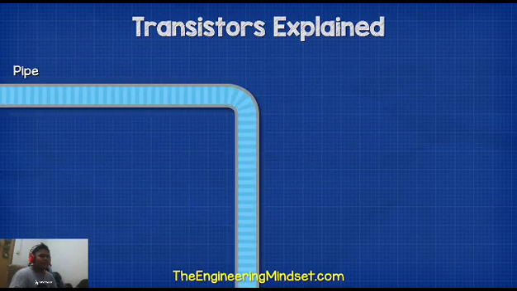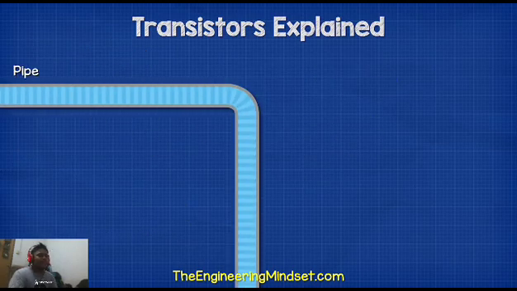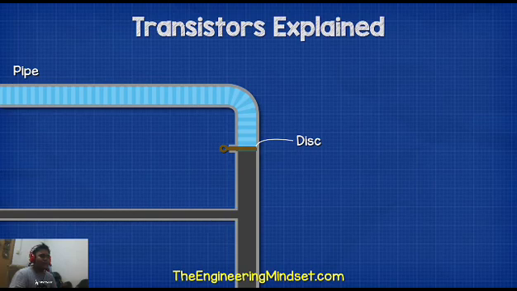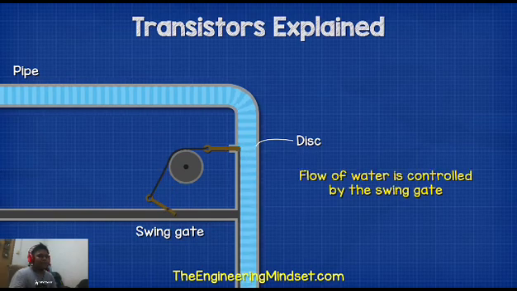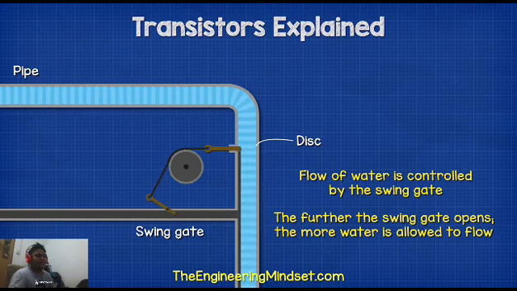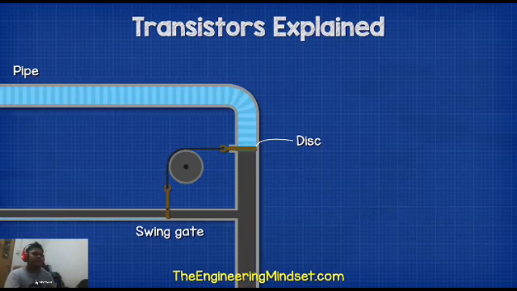Why do we use a transistor? Think of the transistor as a pipe, and the water is the current. The pipe is blocked, and we have a swing gate here that controls the current flowing. The further the swing gate opens, the more water is allowed to flow.